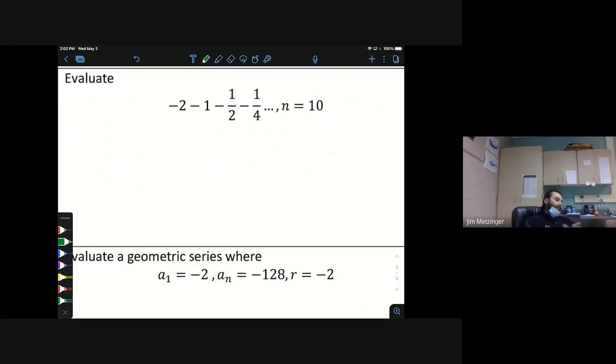Evaluate this. If you see the word evaluate, 98% of the time it's talking about a series. When you see a list of numbers, identify the pattern. What's my pattern? Divide by 2, that means it's what kind of series?